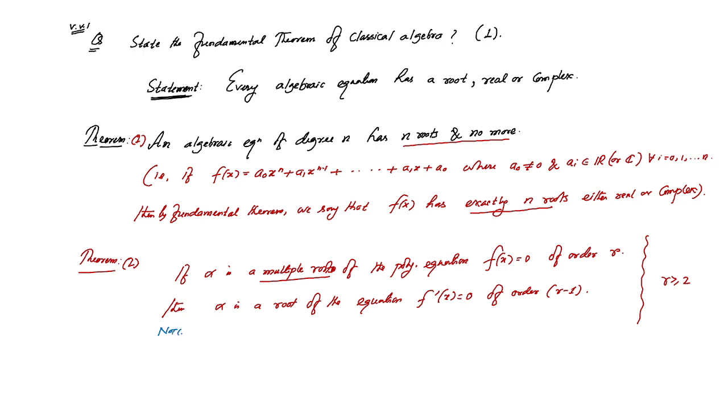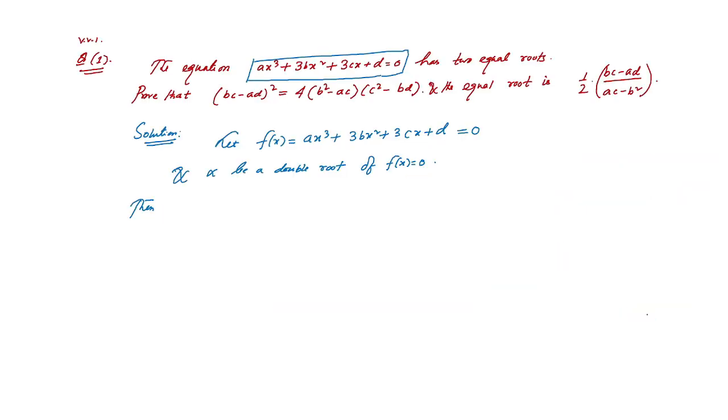So note, we can write here one note. If alpha is a double root of the polynomial equation f(x) equals 0, then alpha is a simple root of multiplicity 2 minus 1, so 1 time, a simple root of f dash x equals 0. So from this information, by theorem 2, we can write f(alpha) equals 0 and f dash(alpha) equals 0.